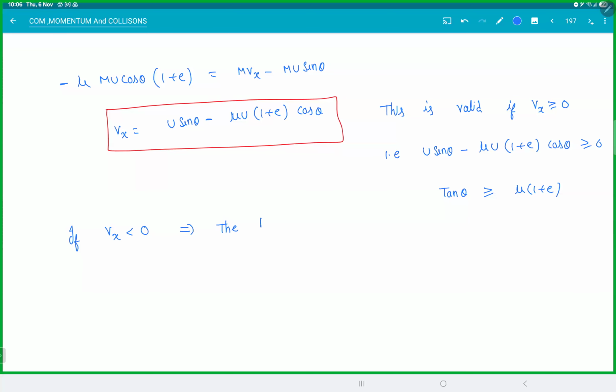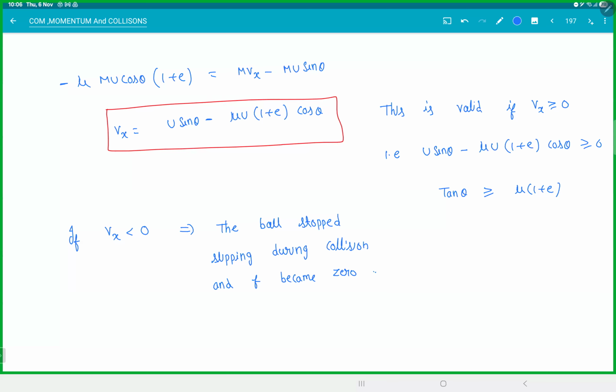The ball stopped slipping during the collision. And F became 0 in the middle of the collision. Right?